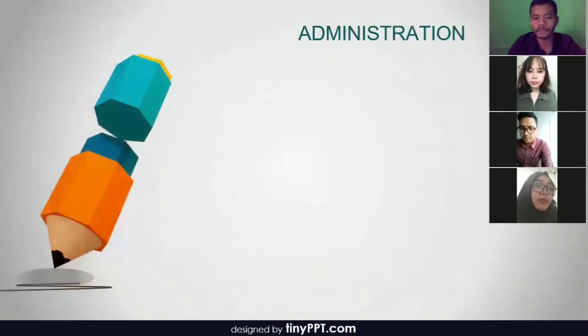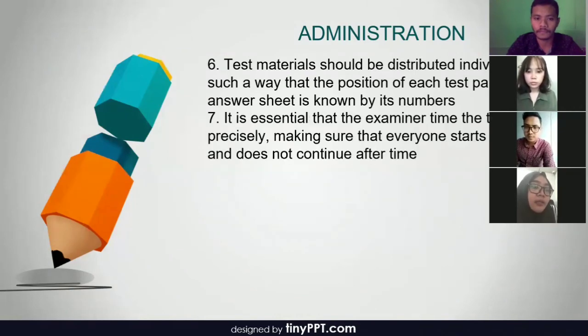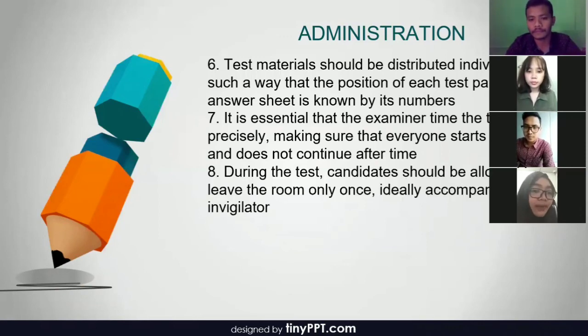The sixth is test material should be distributed individually in such a way that the position of each test paper and answer sheet is controlled. And seventh, it's essential that the examiners time the test precisely, make sure that everyone starts on time and does not continue after time.